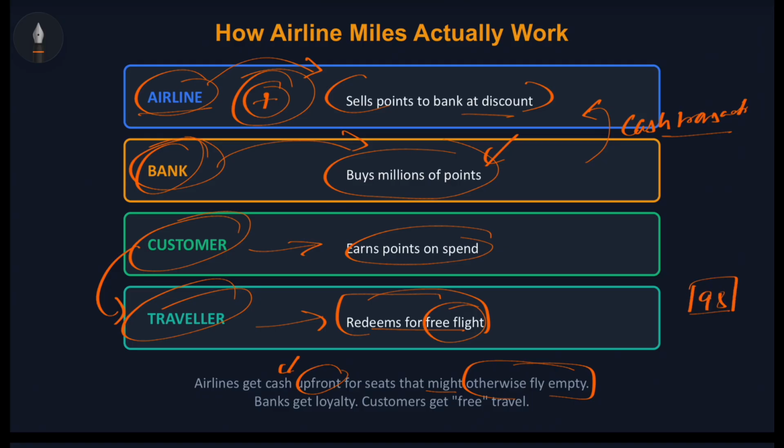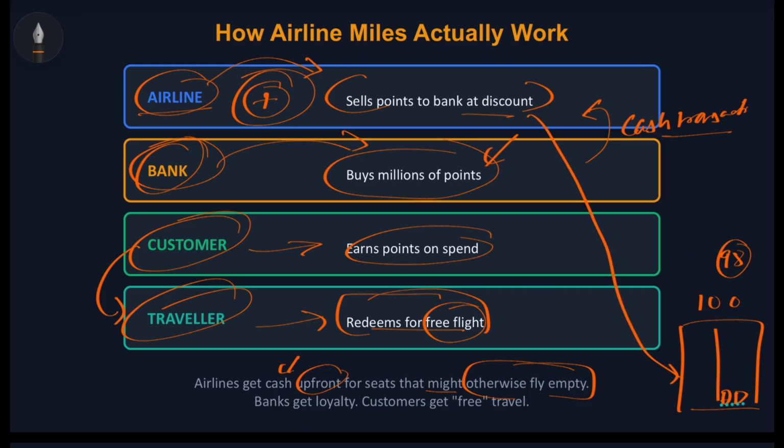But why it is very, very important for the airline is because airlines are getting cash, and that too upfront, for seats that might otherwise fly empty. Let's say we are flying a plane with a capacity of 100, and the day after tomorrow it is expected that the occupancy would be 98, and let's say two seats were already sold to the bank in the form of miles, right? So the airline has already got the money for these two seats.